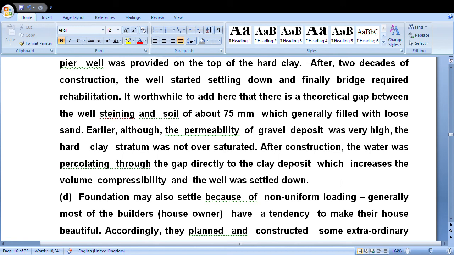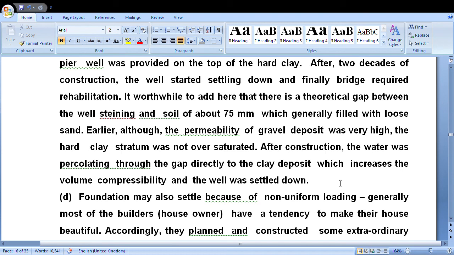For some monuments, some historical buildings like Qutub Minar or the Leaning Tower of Pisa, it is all right, at any cost that can be saved. But for a building, if the rehabilitation cost is equal to the building cost, then there is no point in rehabilitation.